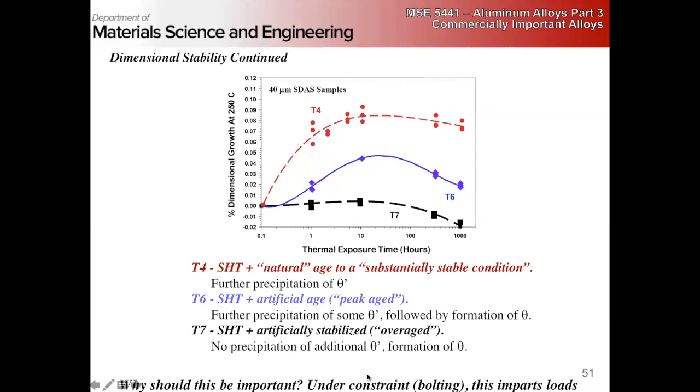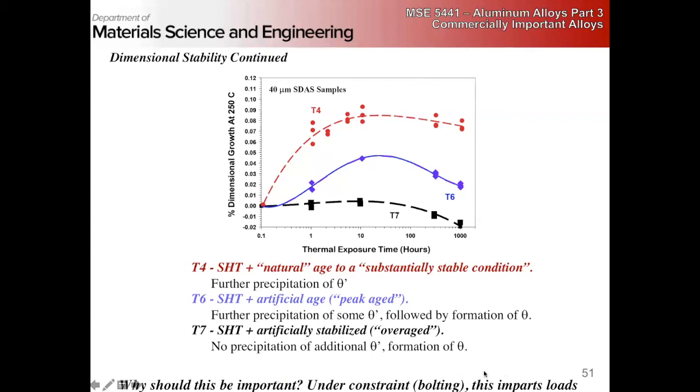So why is this important to consider? If we're using this in an engine casting, it's bolted in place. Even if the engine, the heads are bolted to the block, and if they expand at different rates, we're going to get different stresses. This is going to impart big loads.